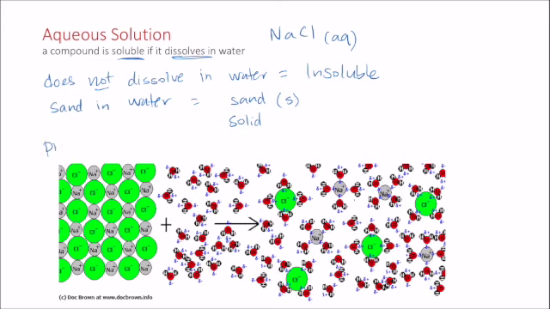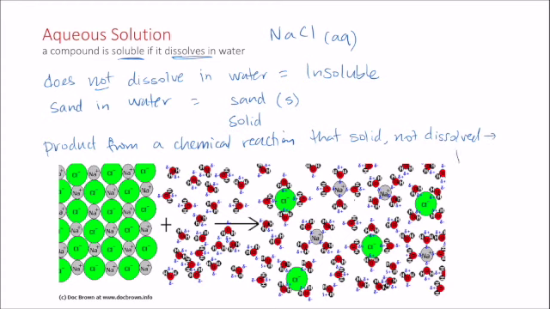Or if you have a product from a chemical reaction that is solid and not dissolved in water, then this has a special designation, which is called a precipitate, or a PPT physical state.